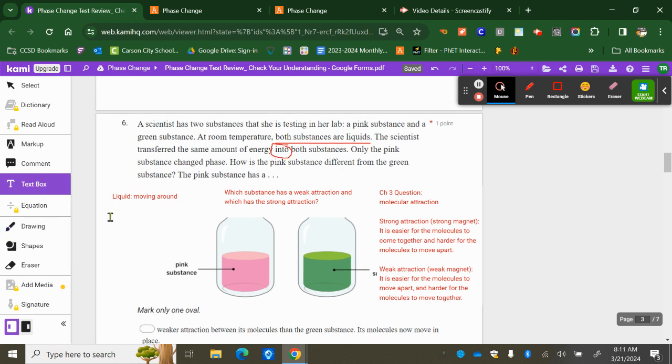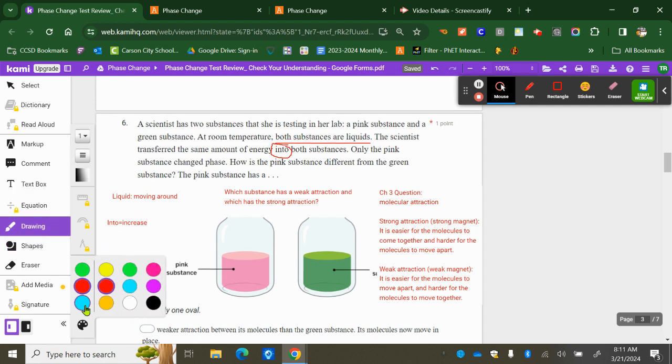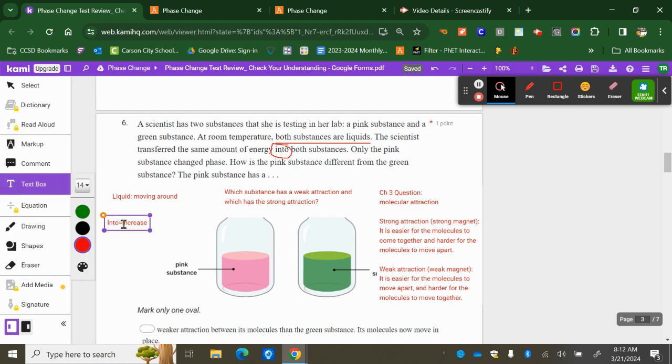The other thing we know is that into always equals increase, because if you look at into and increase, I have an IN into, and I have an IN increase. So if I have IN, into means increase, right?